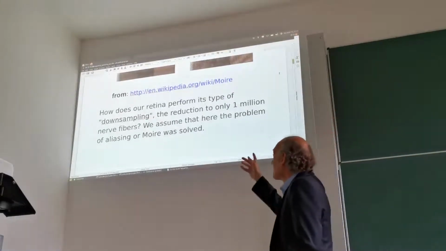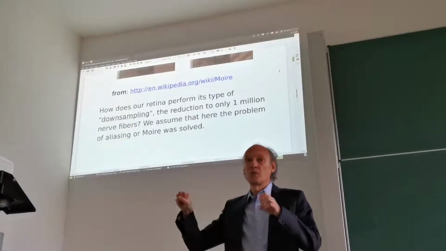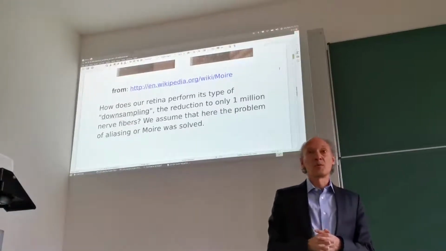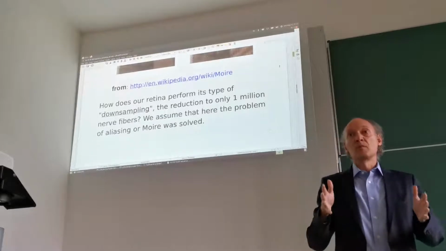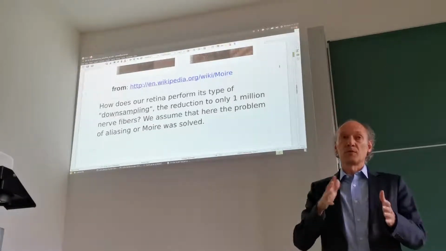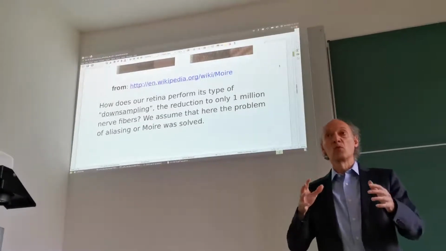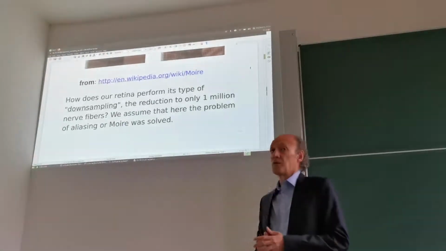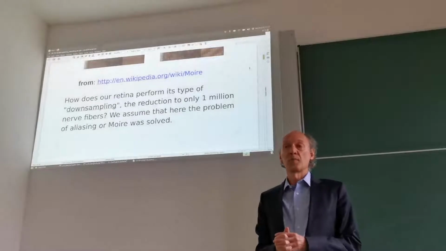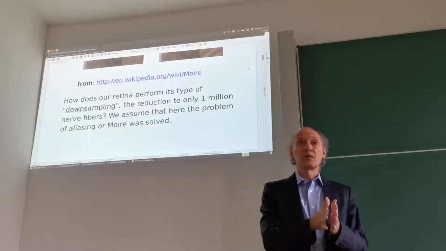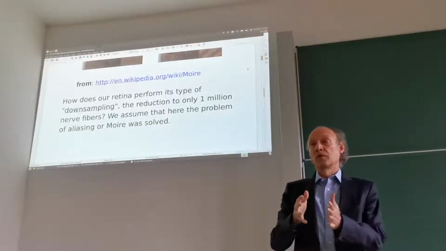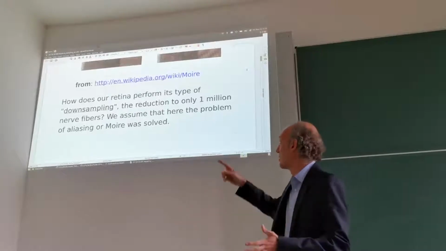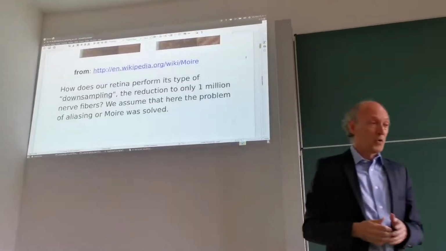We only have 1 million nerve fibers going from the eye to the brain. But remember, we have about 110 million rods and about 6 million cones. So many more than what goes into the brain. So there must be some compression, some downsampling going on right in the retina, before the information goes to the brain using those nerve fibers.